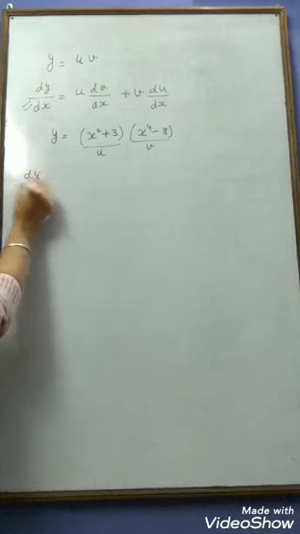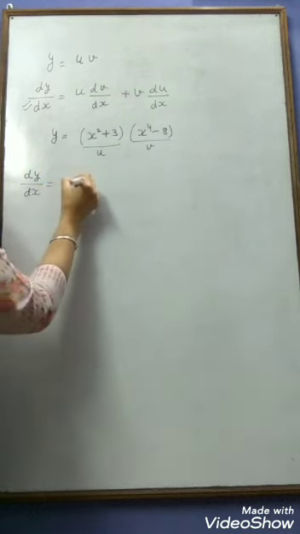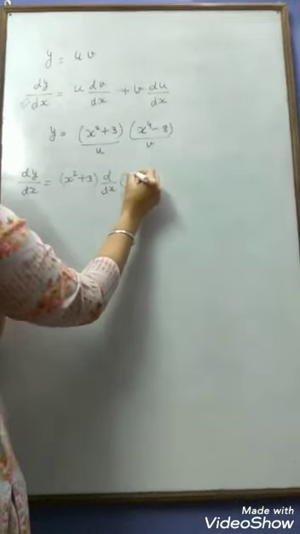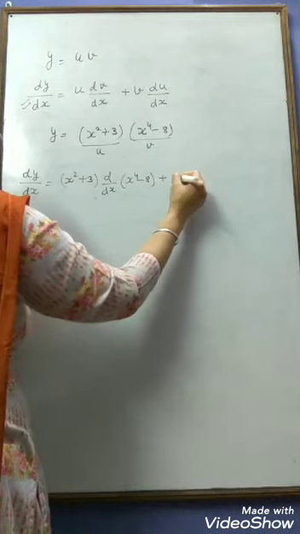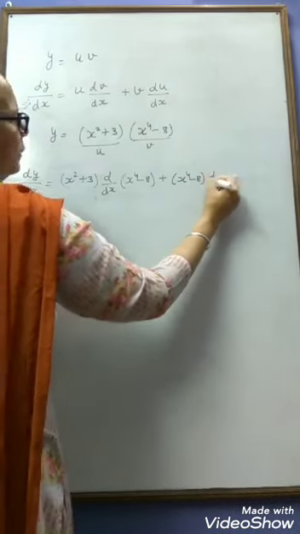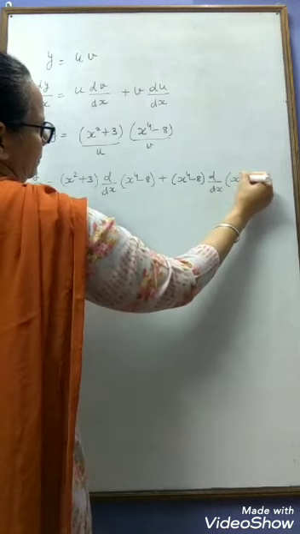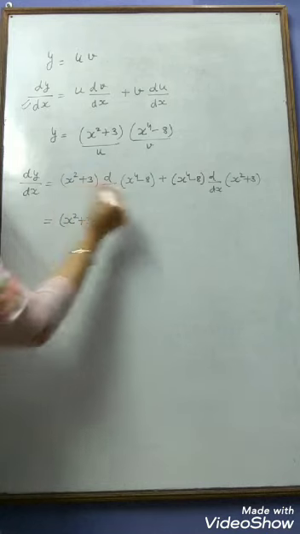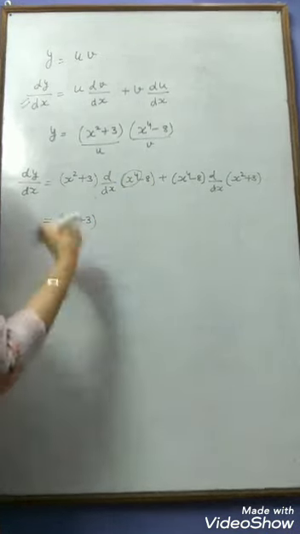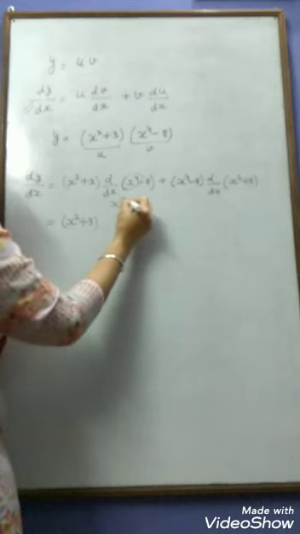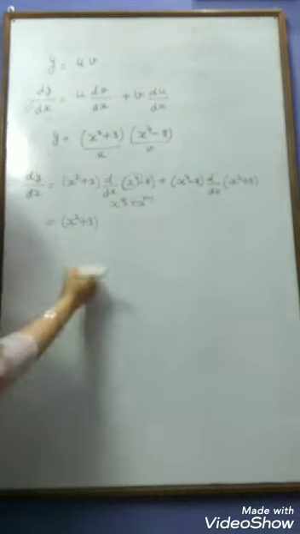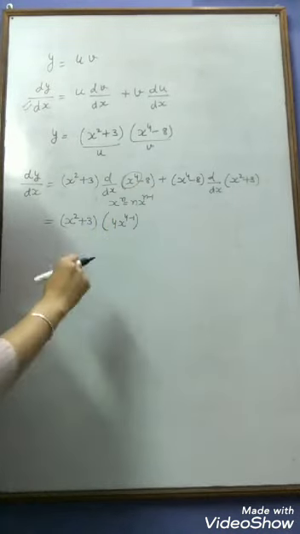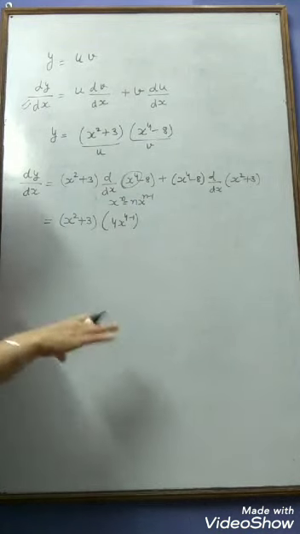How do we write it? dy upon dx is (x²+3) times the derivative of (x⁴-8), plus (x⁴-8) times the derivative of (x²+3). For this x⁴, we again use the formula xⁿ gives n x^(n-1), so 4x^(4-1). The 8 is again a constant, and for a constant the derivative is 0.